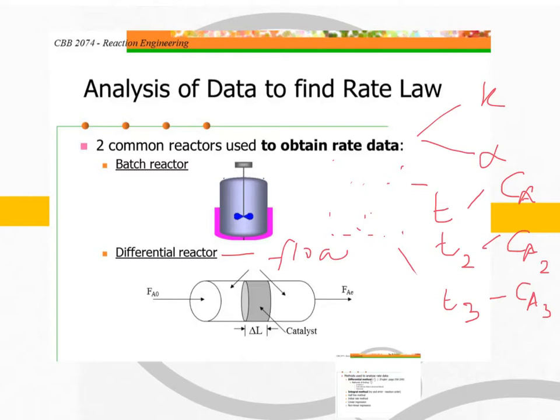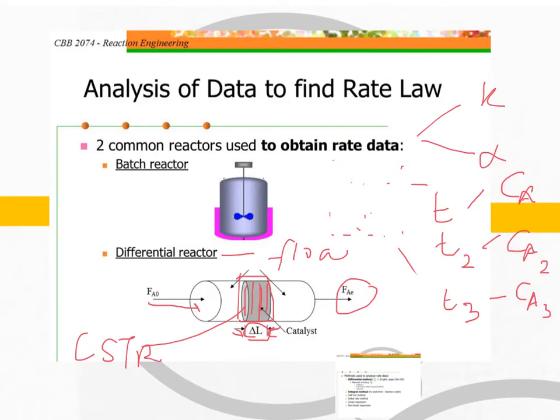In a flow reactor, it is a continuous flow where the reactants come in here, react here, and then you get whatever is left, the reactant which is not converted. In the middle here, normally you put your catalyst. You have to put your catalyst as thin as possible so that this particular section reacts as a CSTR.